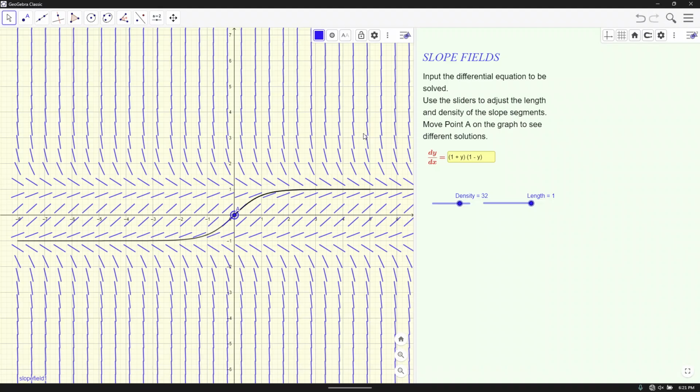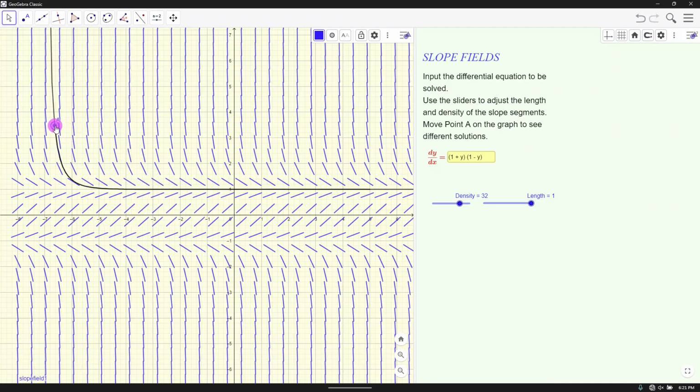Let's have a look at the slope field for this. I have a slope field for the differential equation on the notes. Notice for different points, and here I'm choosing points between y equals negative 1 and 1, see how all solutions for really large values of x will converge, or settle down, to y equals 1.